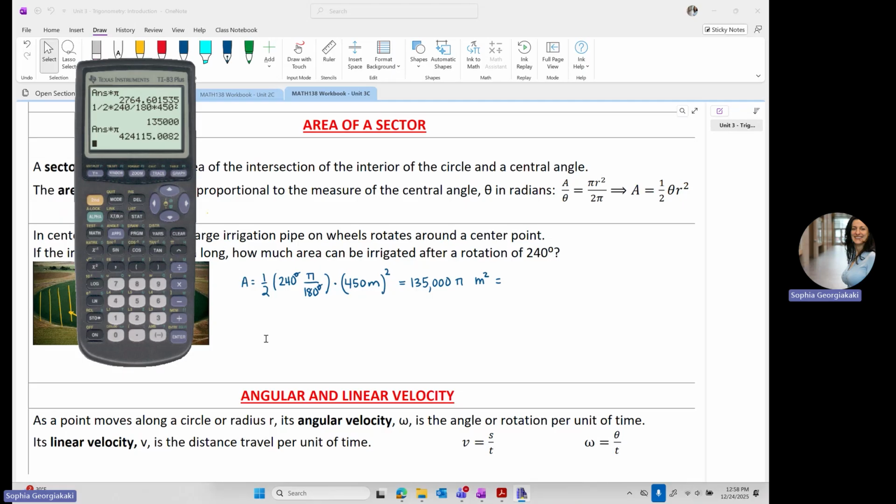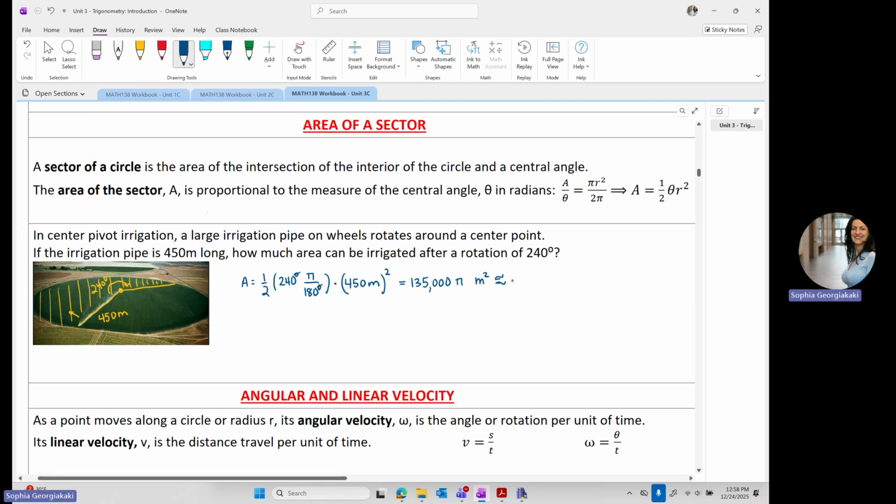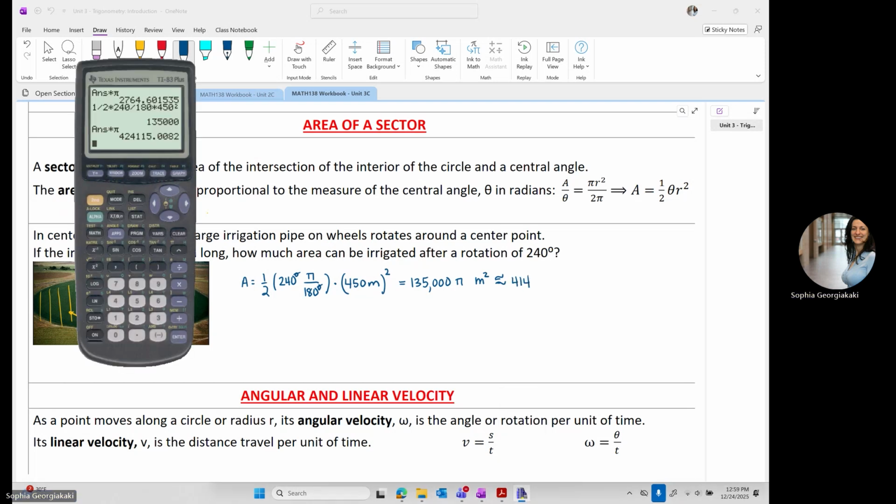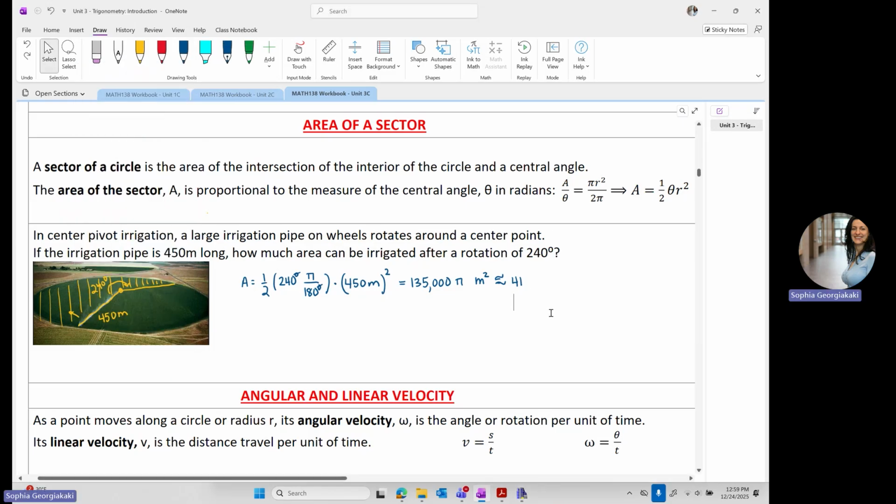But for our purposes, let's round to the nearest whole. This is 424,115 square meters.